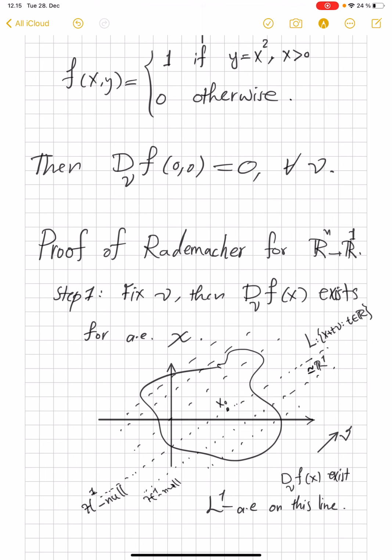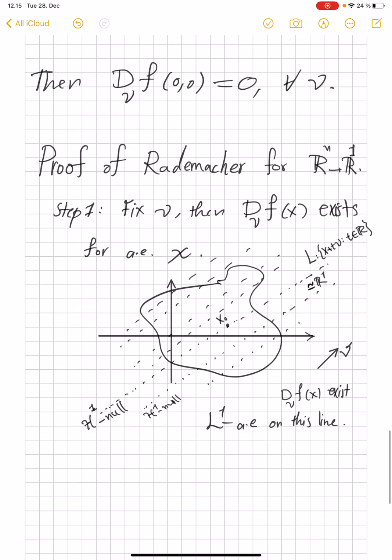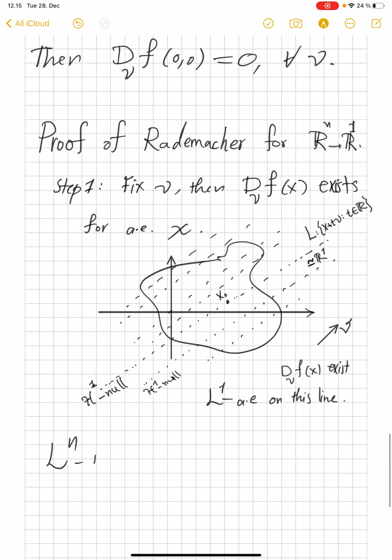By Fubini, the whole union of all these bad points along all these lines add up only to an Ln null set. So by Fubini's theorem, that's not an obvious fact, but actually Fubini's theorem is used in this form more often in geometric measure theory than used to actually calculate integrals.